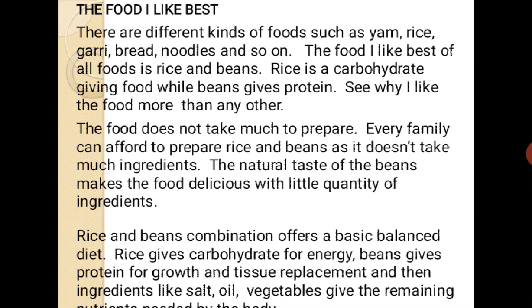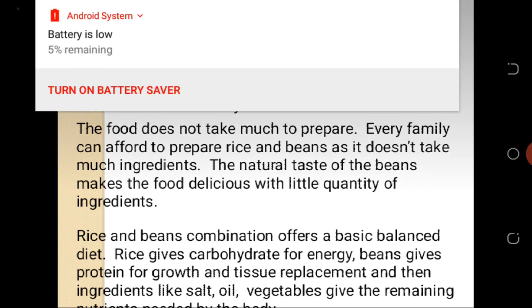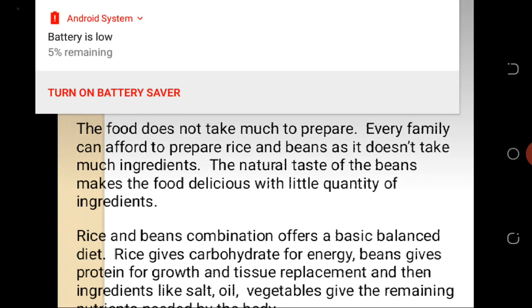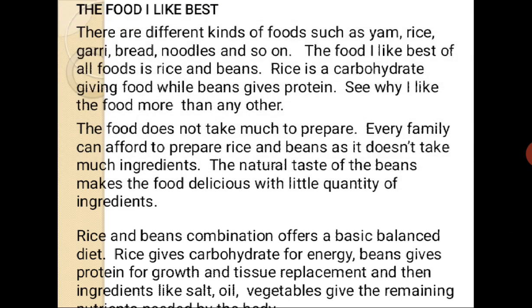The natural taste of the beans makes the food delicious with a little quantity of ingredients. That is one reason given by the writer why he likes rice and beans as his favorite. That's the first point he discussed in the first paragraph.